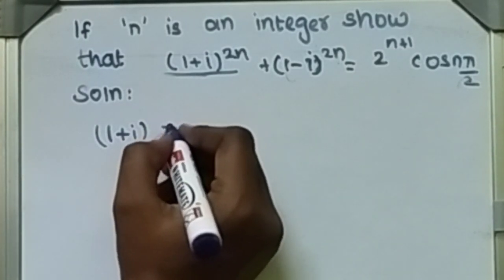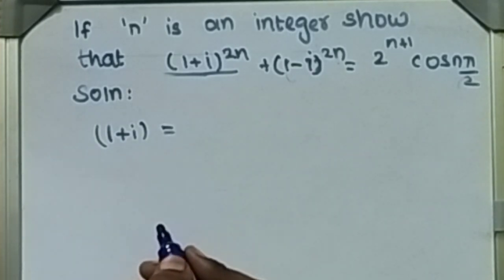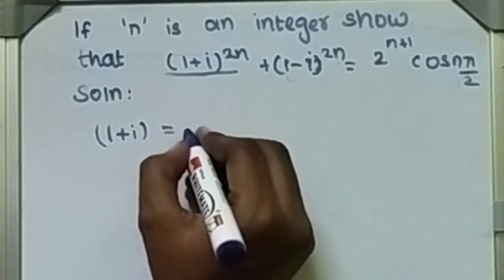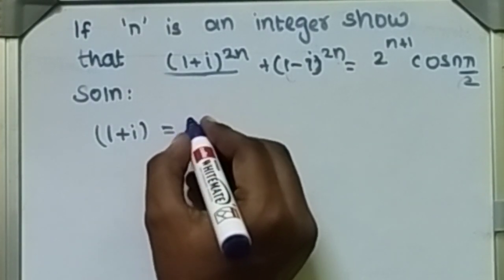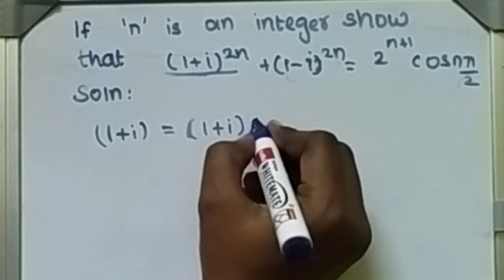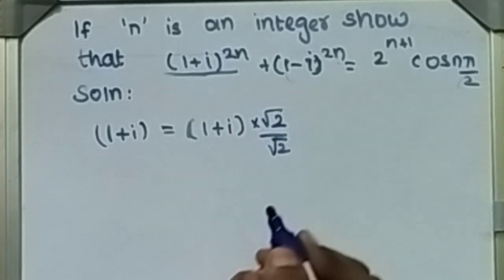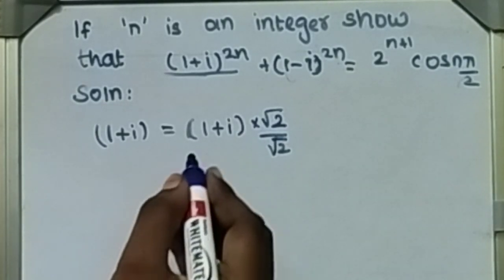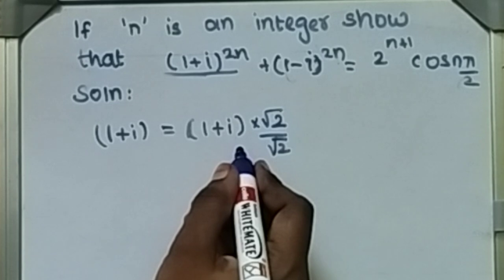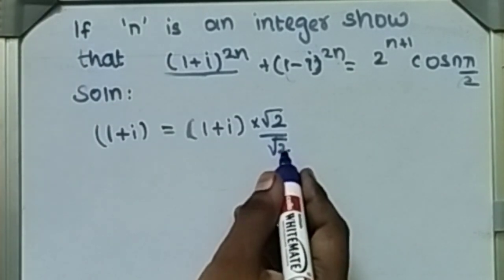I am going to multiply this term by root 2 and divide the same term by root 2, so the value remains the same.